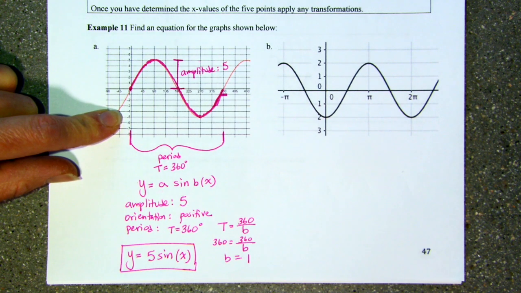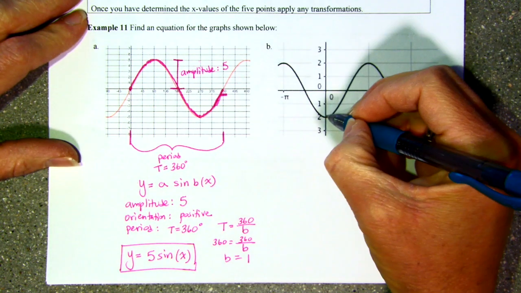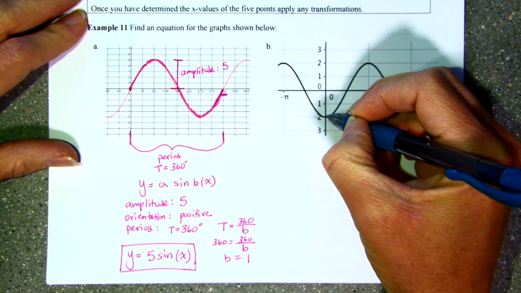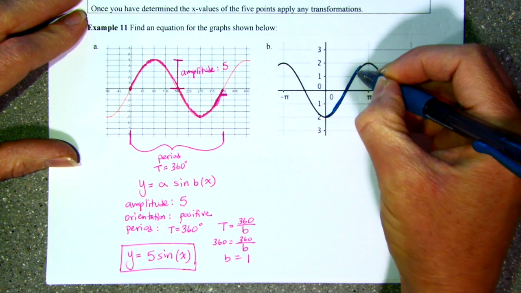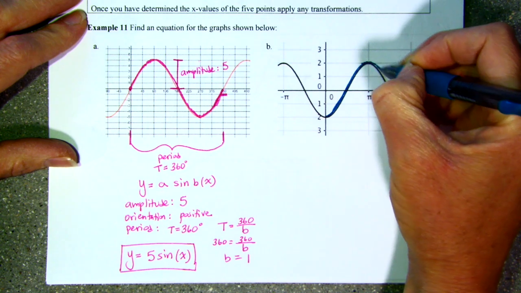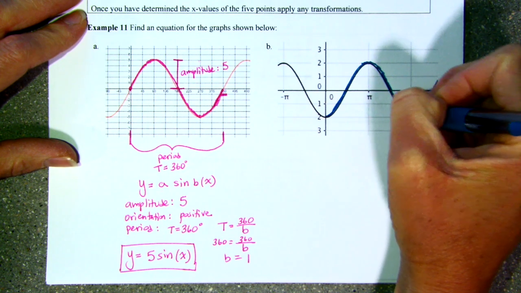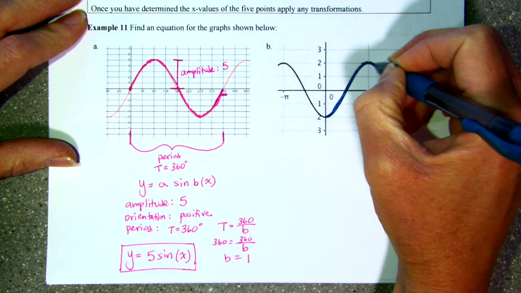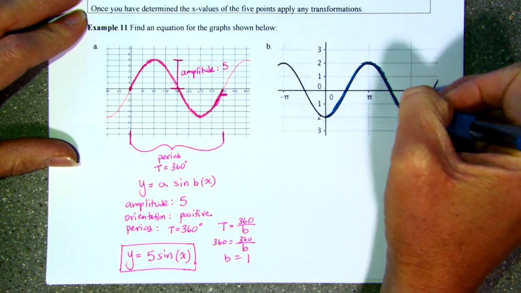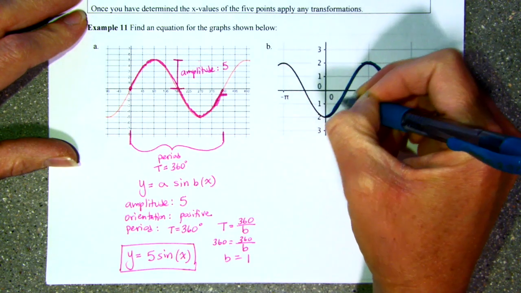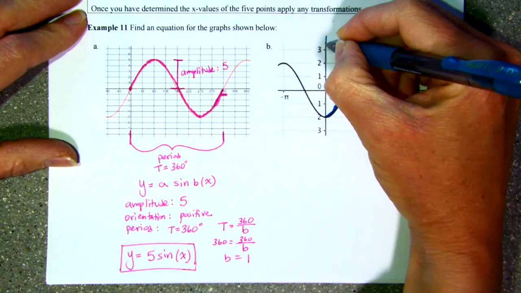If we look at b, we want one wavelength. So starting on the y-axis, it goes up, reaches a maximum, comes back down, and goes back to that same place, one full wavelength, from 0 to, in this case, 2 pi. So our period again is going to be 2 pi or 360 degrees.